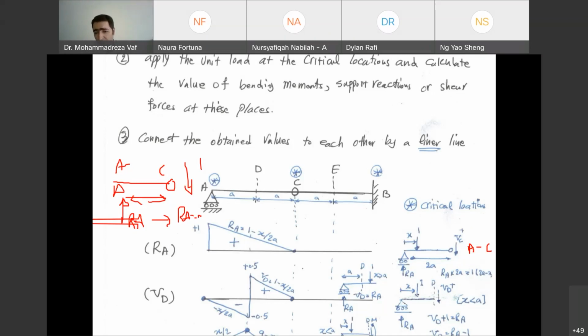My question is, when we want to draw the influence line for bending moment at point C, where is the location that gives us the maximum bending moment? Okay, you also couldn't answer it. Let's go to the next one.